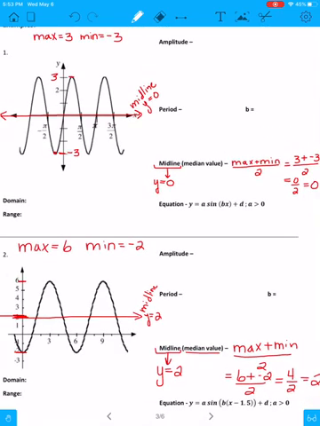Now how can I check? I see if I have the same amount above as below, because it should cut the graph in half vertically. So I have 1, 2, 3, 4 above, because 2 to 6 is 4. And then I have 1, 2, 3, 4 below. If I count down this way, I have 4. If I count up this way, I have 4. So I know my midline's correct.